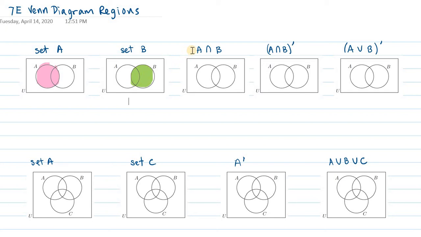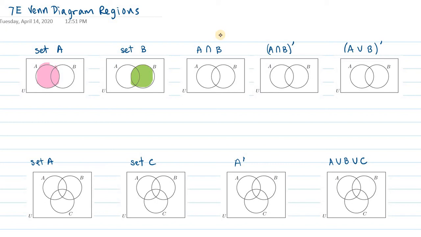If we were trying to represent the set of A intersection B, the first thing you have to make sure that you understand is what this notation means. Remember that this symbol stands for intersection, and an intersection is asking for what values they share.